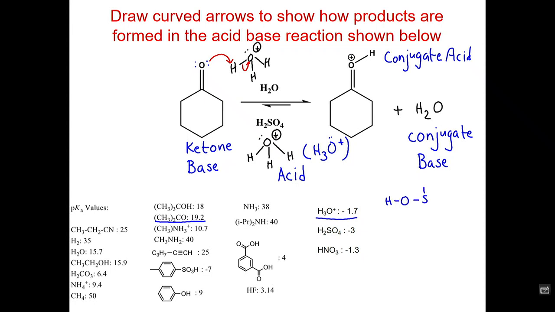Always draw the complete Lewis dot structure. H2SO4 plus water gives hydronium.